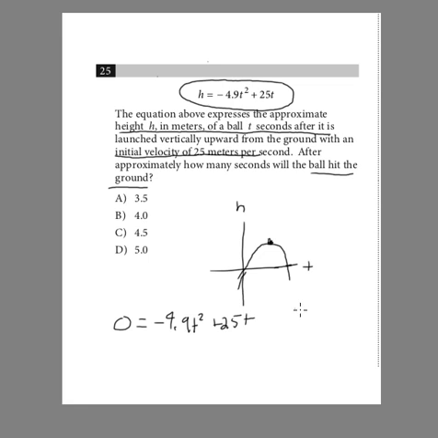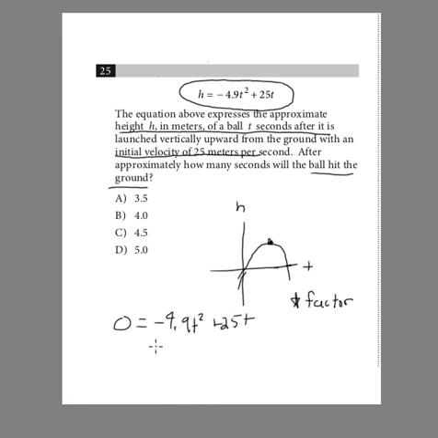I want you guys to write this down in your notes. A key to solving these types of quadratic equations is to factor. That is a key idea. You can only factor when you have common factors, and with negative 4.9 t squared plus 25t, the common factor is t.